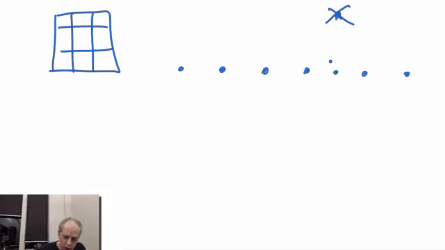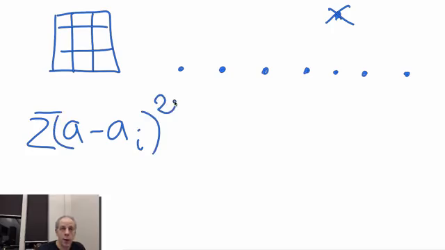We saw in a couple of videos ago that the average filter is reducing this, the sum of (A minus Ai) squared. We say the average is the value of A that minimizes this, and I'm summing over all the pixels. So I'm going to ask you a question.